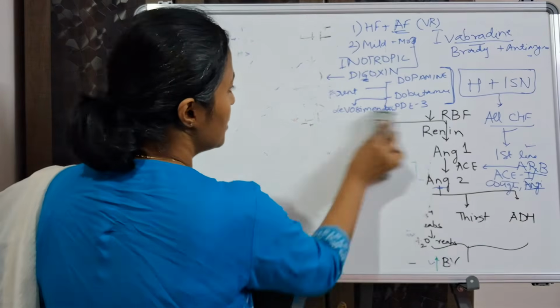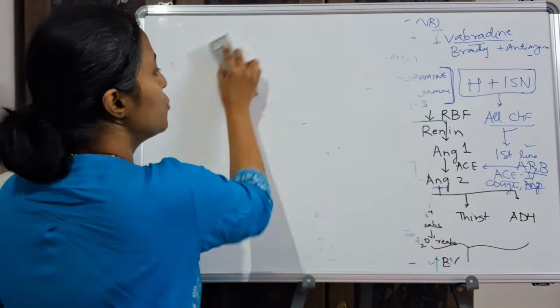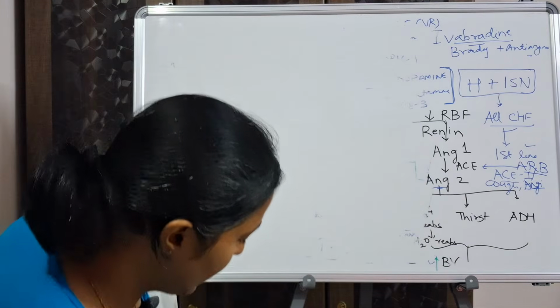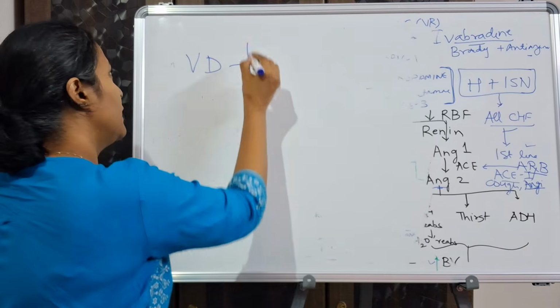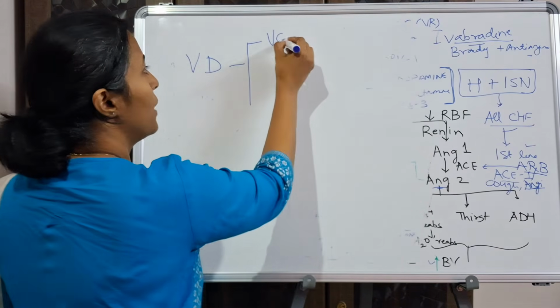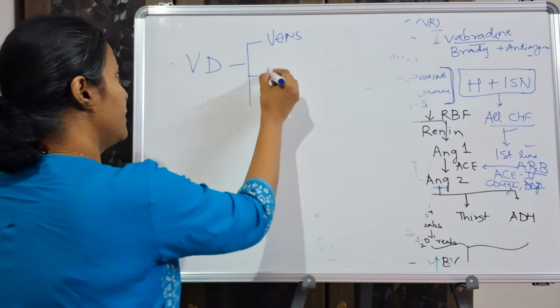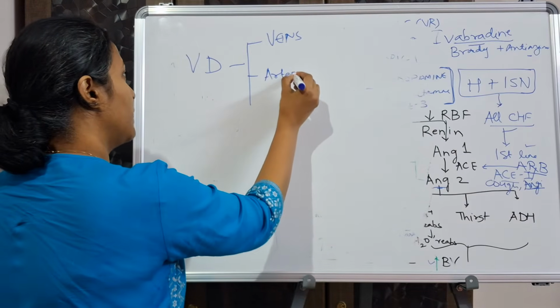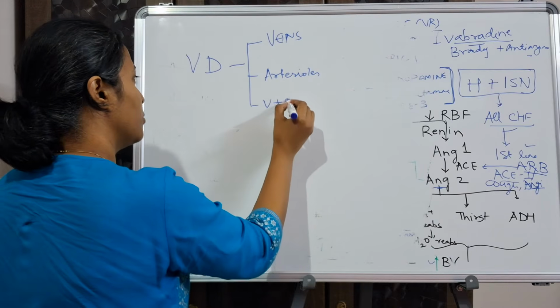Vasodilators, as its name suggests, are going to dilate the vessels, but which vessels? Vasodilators can either dilate the veins, they can dilate the arterioles, and they can also dilate both, veins plus arterioles.